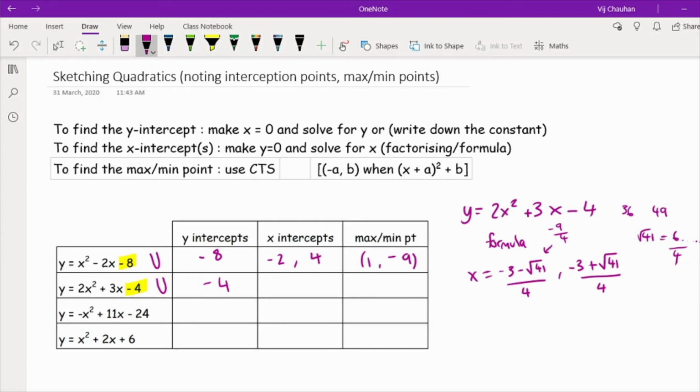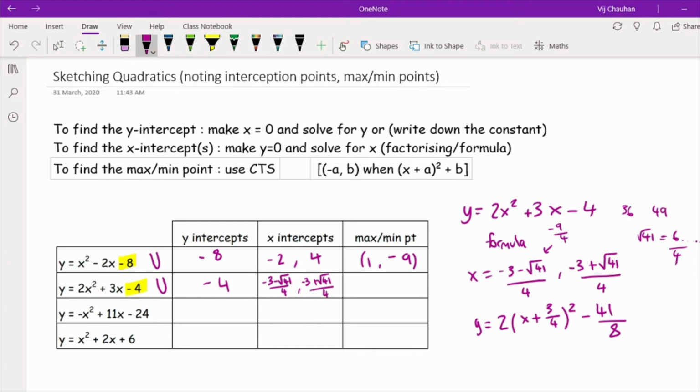And then to work out the minimum point, which again, preparing one that I've done earlier, we end up with 2 times (x plus 3 over 4) squared minus 41 over 8. So if I just fill in this because I forgot to do it, I've got -3 minus root 41 all over 4, and I've got -3 plus square root of 41 over 4.